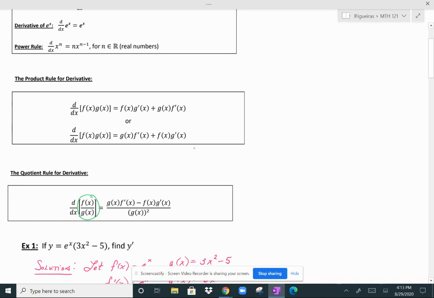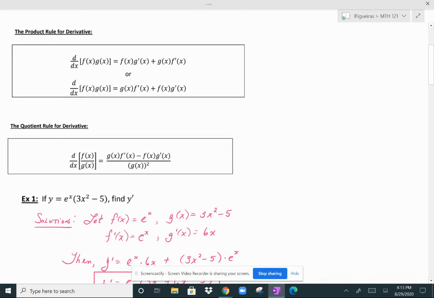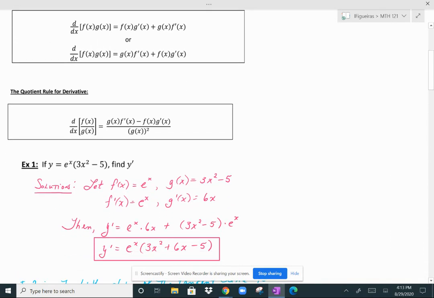Notice that the numerator looks a lot like the second version of product rule, except there's a minus sign in between. So it might be easier to memorize the second one instead of the first, but that's up to you. You can apply this rule as long as g of x is not equal to 0, because then that would be undefined. Okay, so first we're going to practice using product rule.